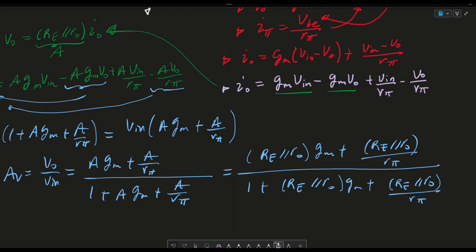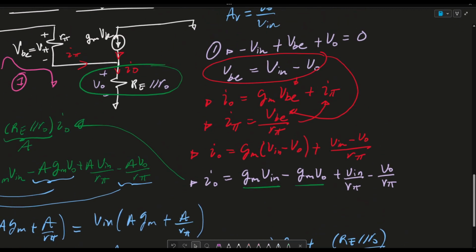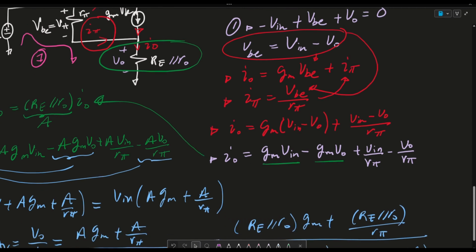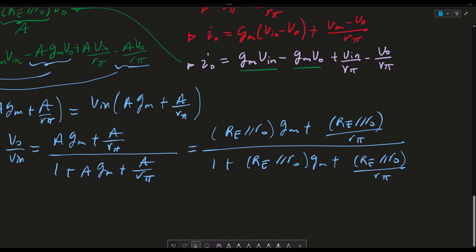Again, for a situation where the current is extremely small, this R pi becomes extremely big. When I say current, I mean the current through R pi, I pi. This is also called IB, the base current, which normally in BJTs is extremely small.